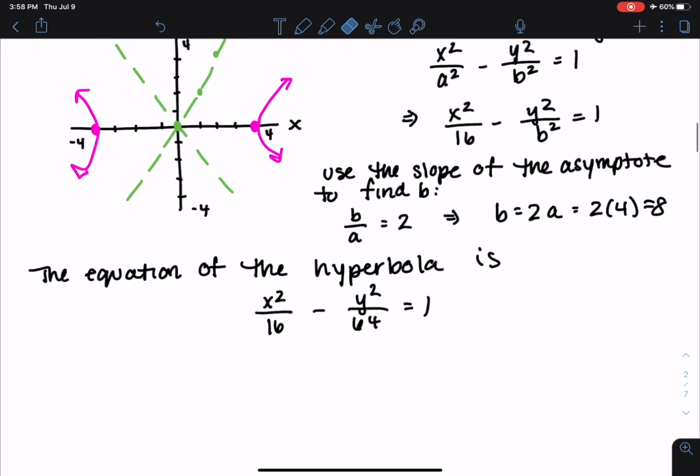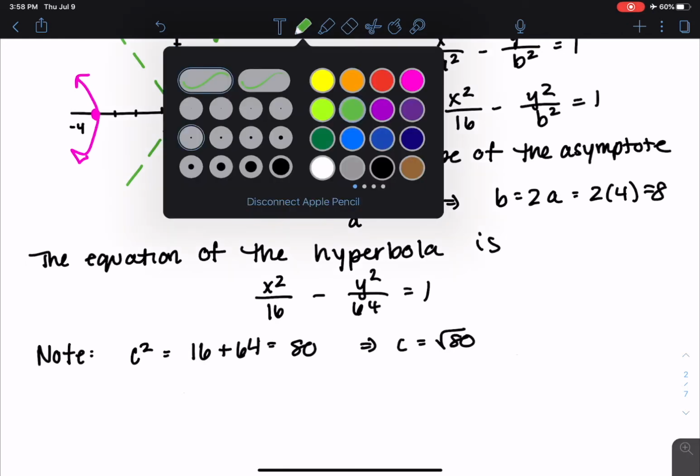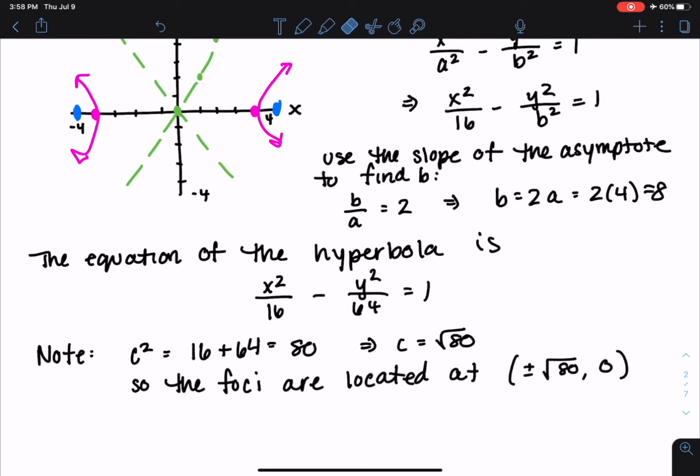Okay. If you wanted to figure out what the foci were, your value of c squared would be 16 plus 64, which is 80, or c equals root 80. So your foci would be further along the x-axis here and here. So those would be located at plus or minus root 80, 0.